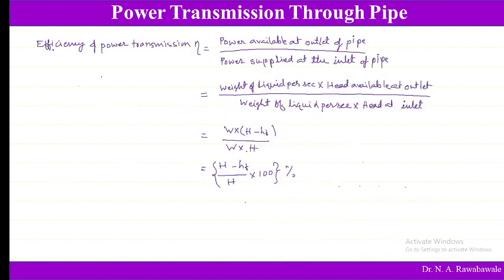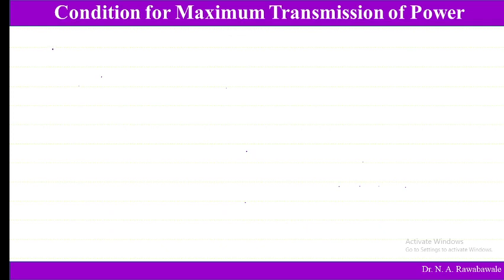So dP, the differentiation of power with respect to velocity, equated to 0, gives us the condition.